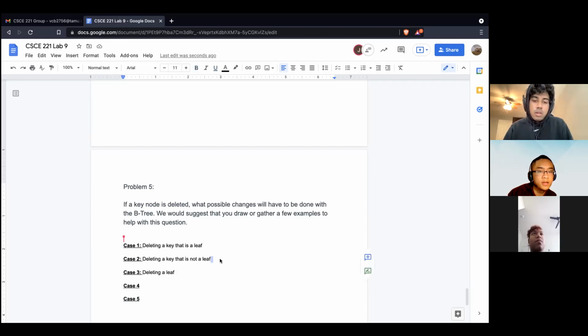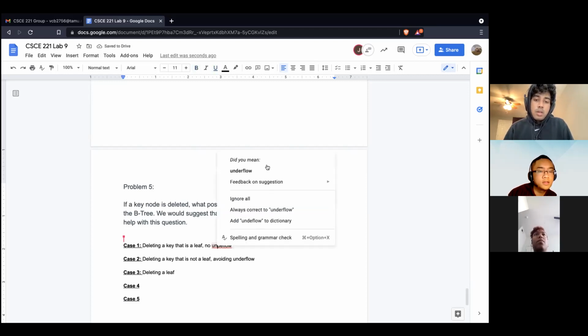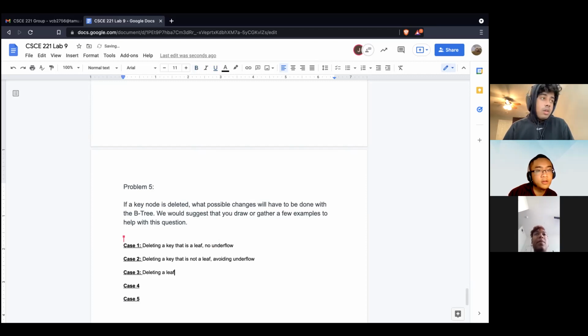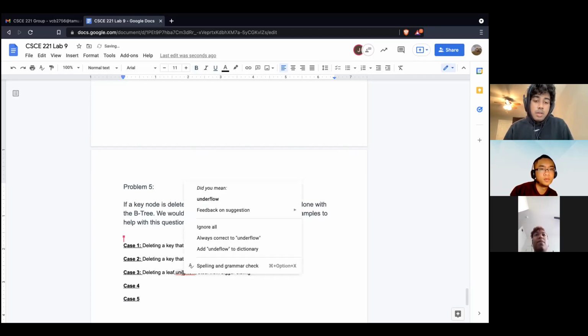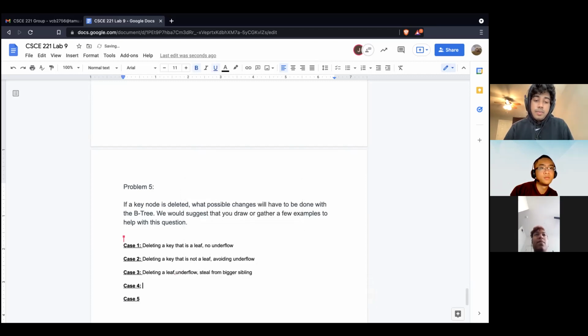Or well, actually, avoiding underflow, no underflow. And then case 3 is steal from child or steal from bigger sibling. Underflow, steal from bigger sibling. And then case 4 is also deleting the leaf. Underflow, and then merge the sibling in parent.